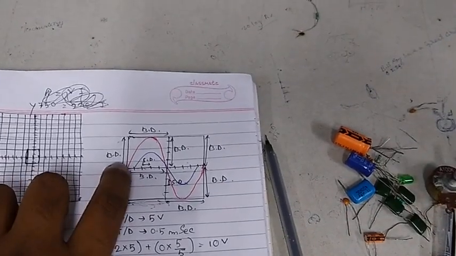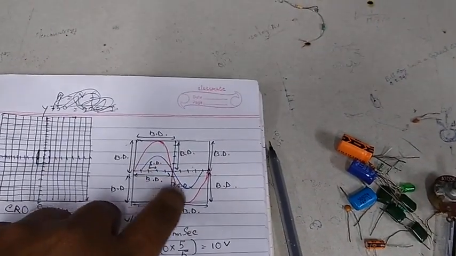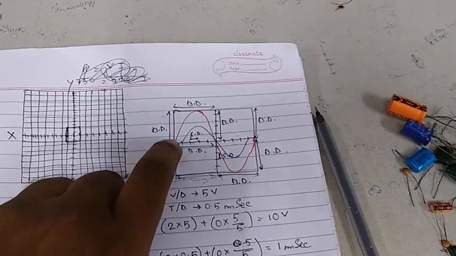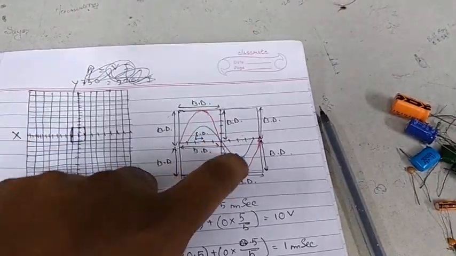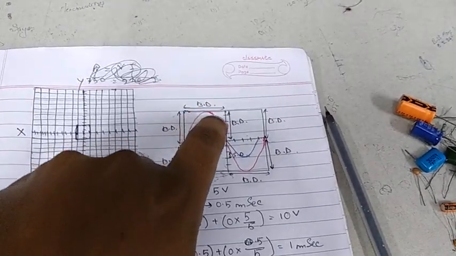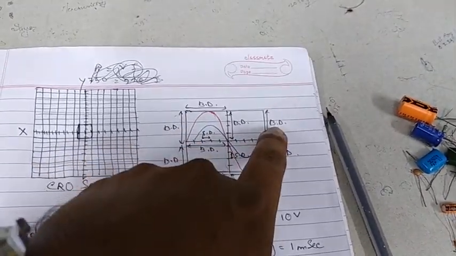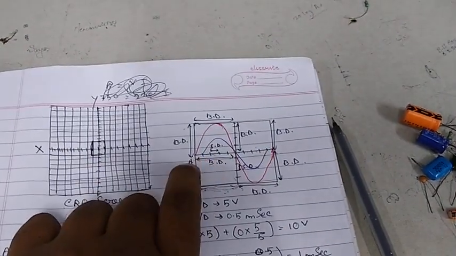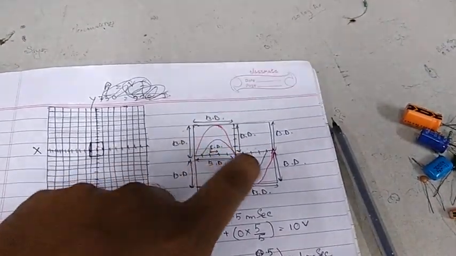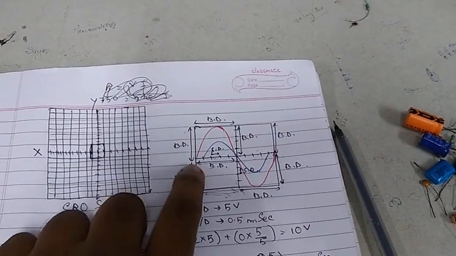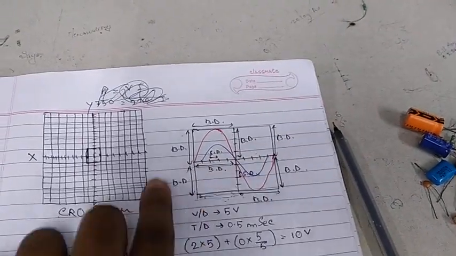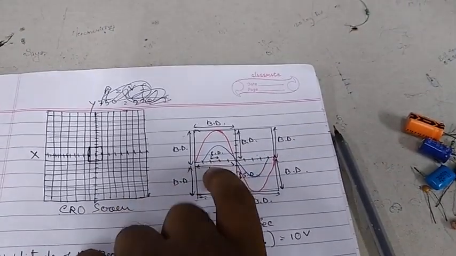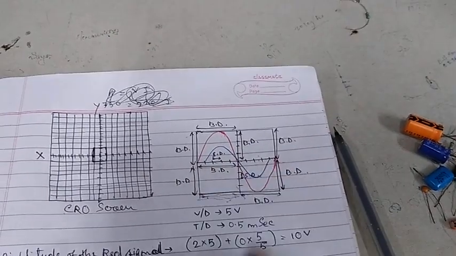Now if I calculate the time period of this red signal, same here, time period means one complete cycle, that means one positive half cycle and one negative half cycle, time taken to complete one cycle. So here I have one complete cycle and it is starting from here to here, and it is 2 big divisions, horizontally 2 big divisions are occupied.